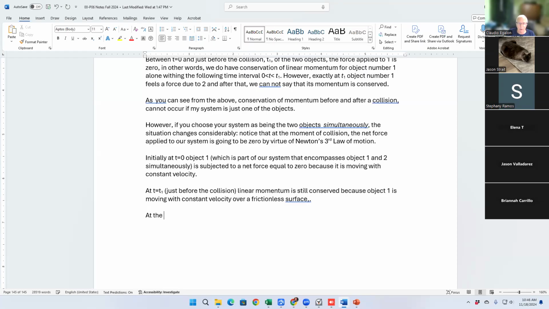At the moment of collision, and the moment of collision is at t equal to t2, okay?